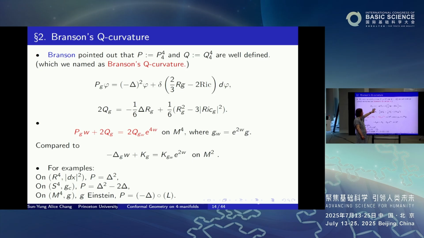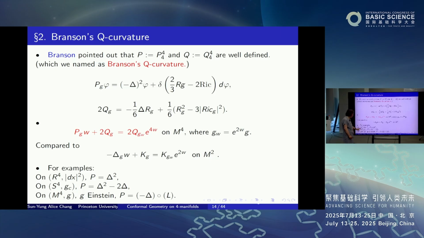There is no n minus 4 factor there, but there is an operator, a continuation when n tends to 4, and it satisfies this PDE. And this PDE is a complete analog of Gaussian curvature in 2 manifolds. So that means this Q curvature may play a role like Gaussian curvature in 4 manifolds.